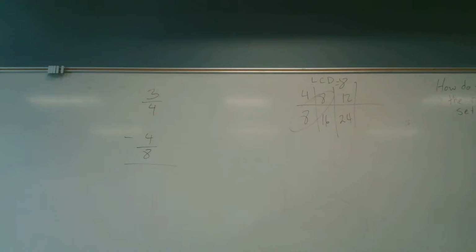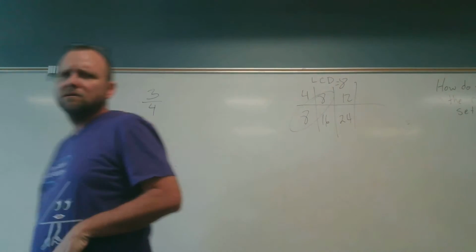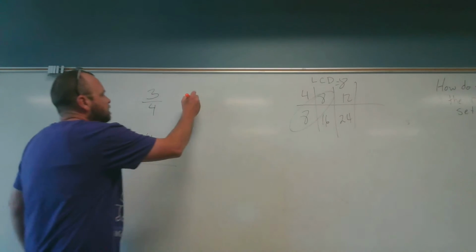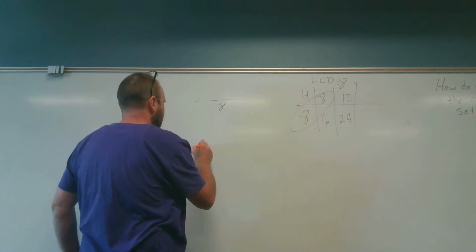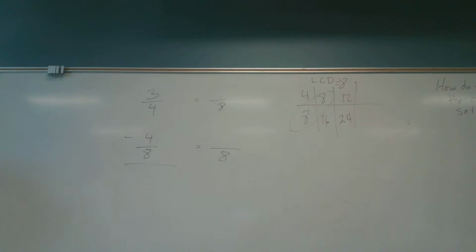So we need to change both of these fractions so that they have a denominator of 8 without changing the value. Jacob J., do either of those 2 fractions already have a denominator of 8? Yes.